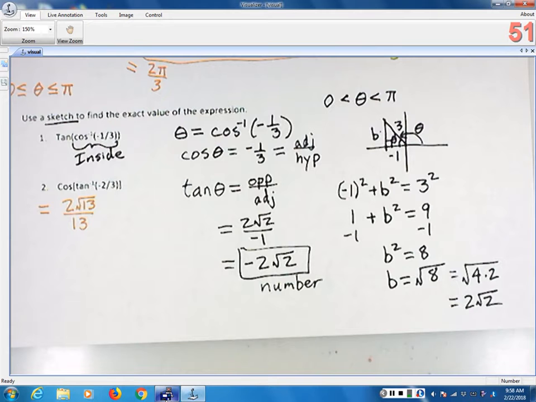Practical applications. So this is the last page of section 4.7. And unless you can do this, you're not going to do trig.